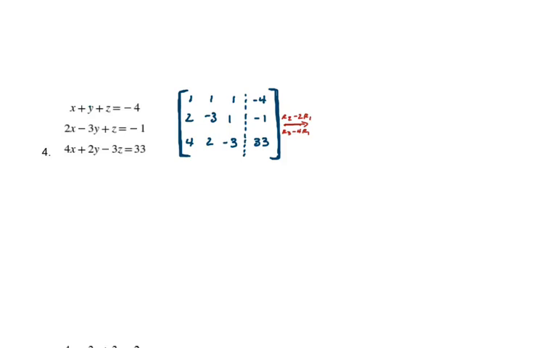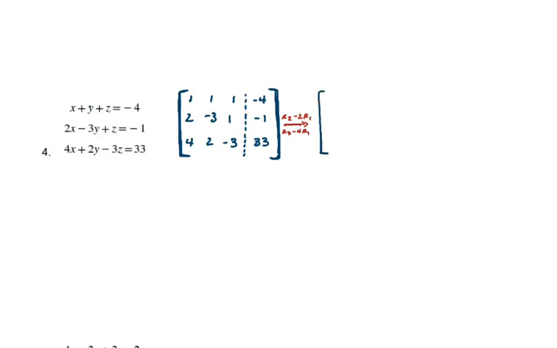And then if I do row 3 minus 4 times row 1, that would also make the first entry in row 3 0. So then, row 2 and row 3 will only be dealing with x and y, and then maybe I can use those two together to eliminate or make another entry 0.